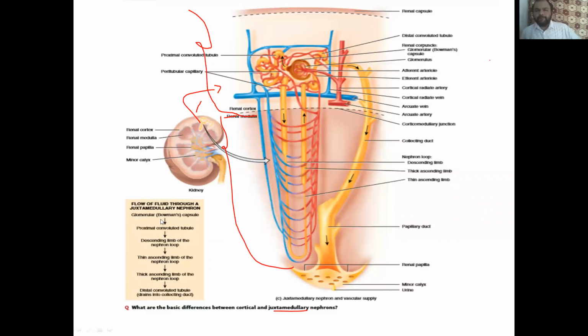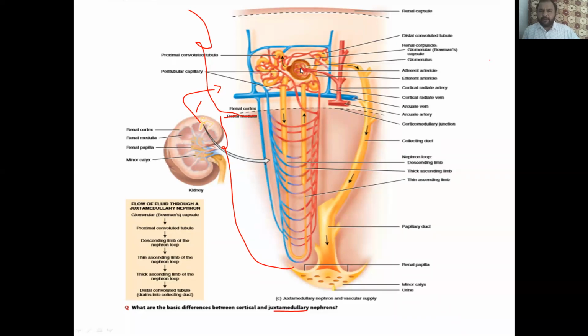What will be the journey? First of all, you need to understand the journey of fluid passing through the different parts. First, the blood to be filtered enters this Bowman capsule. From here, things get filtered. What is urine ultimately? It is the things that are not required by our body.